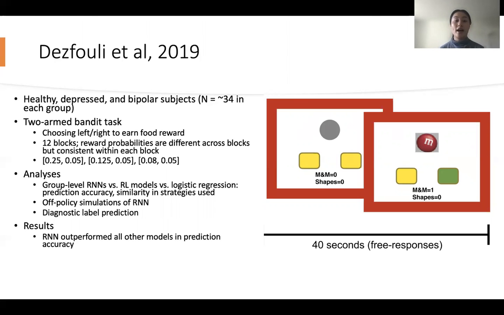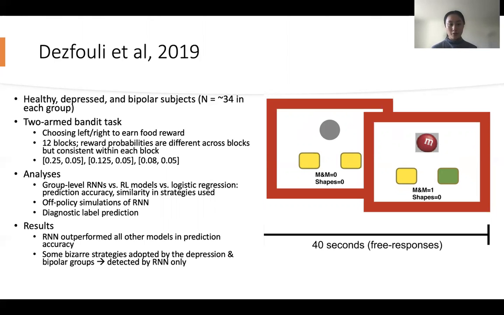Results show that RNN outperformed all other models in prediction accuracy, that is, in predicting which actions participants made. From off-policy simulations, the researchers concluded that participants in the depression and bipolar groups adopted some very bizarre strategies, like hitting left 3 times, then switching to right 3 times, and then oscillating between left and right.